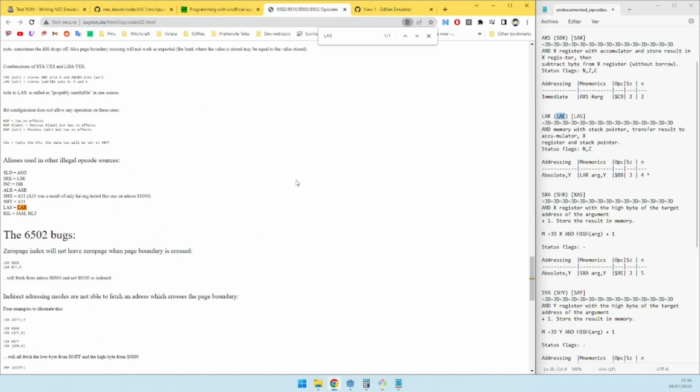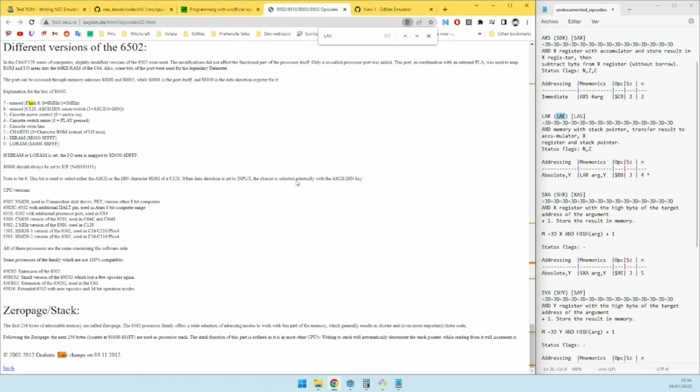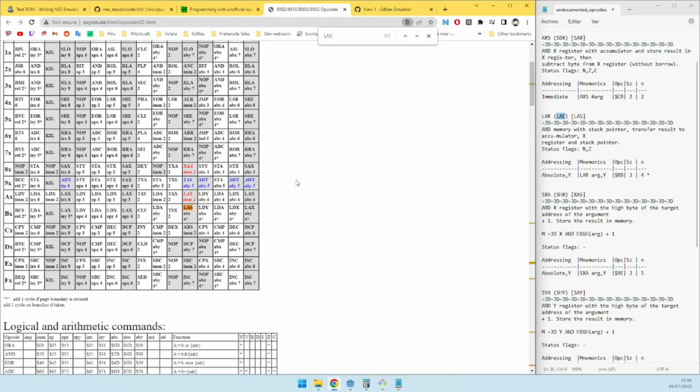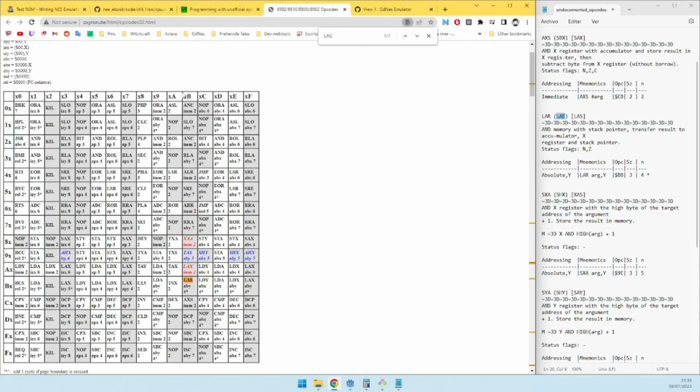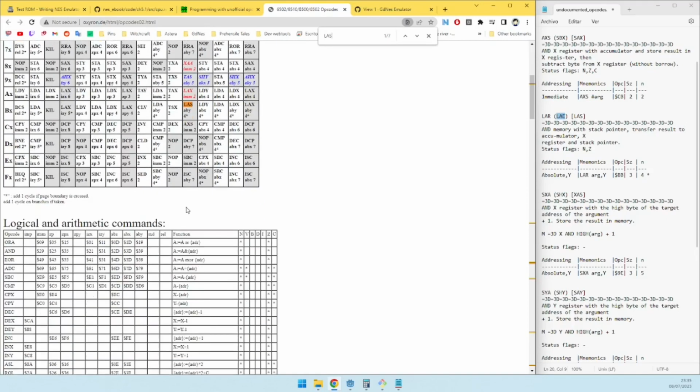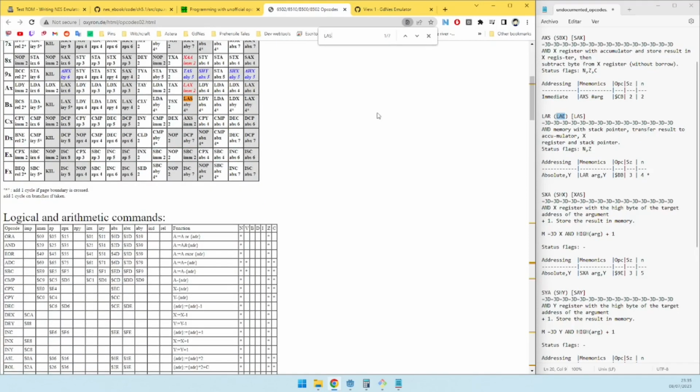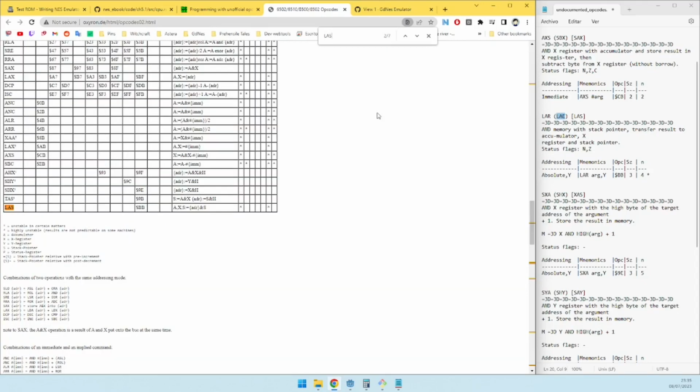LAS and LAR are the same. Okay, we have LAS in here. It is BB, absolute Y times 4. So A, X and S equals address and S.